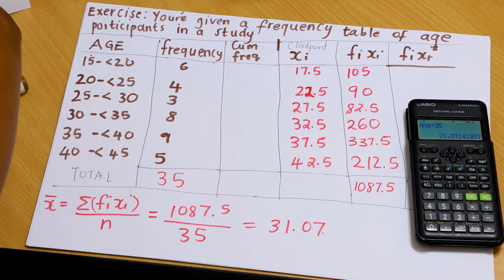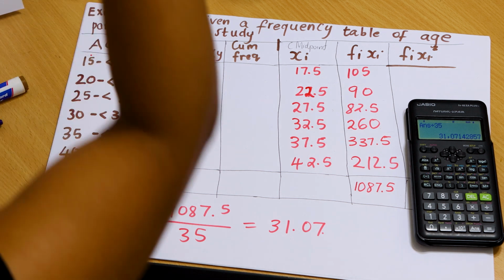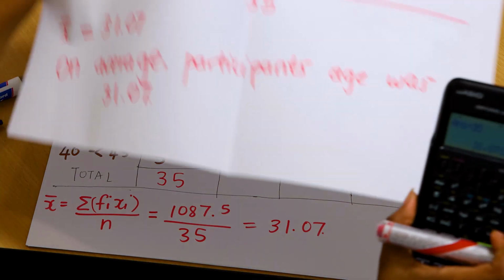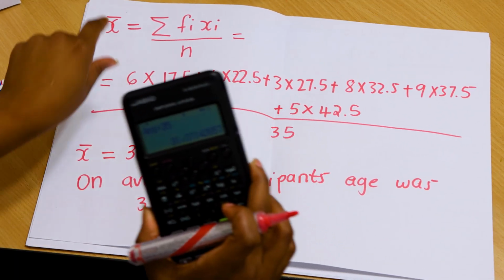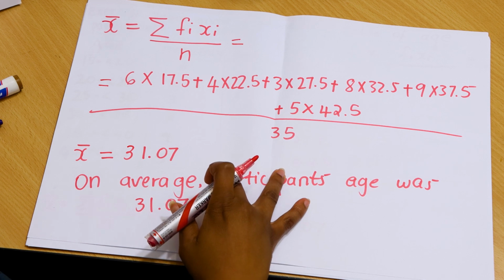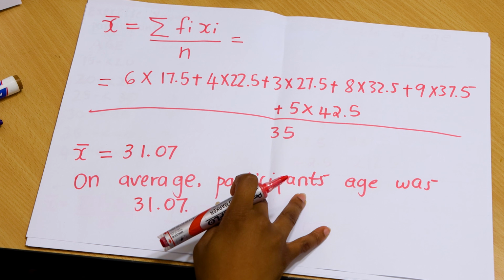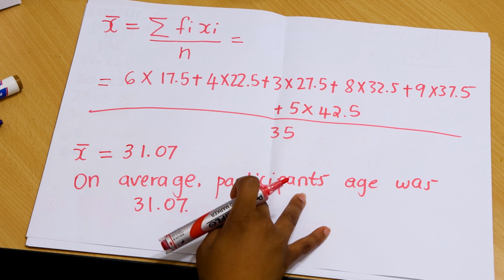Alternatively, if you feel like you already master this, you can also write it linearly like this. It is the same thing: 6 times 17.5 plus 4 times 22.5 plus 3 times 27.5 plus 8 times 32.5 plus 9 times 37.5 plus 5 times 42.5 divided by 35.